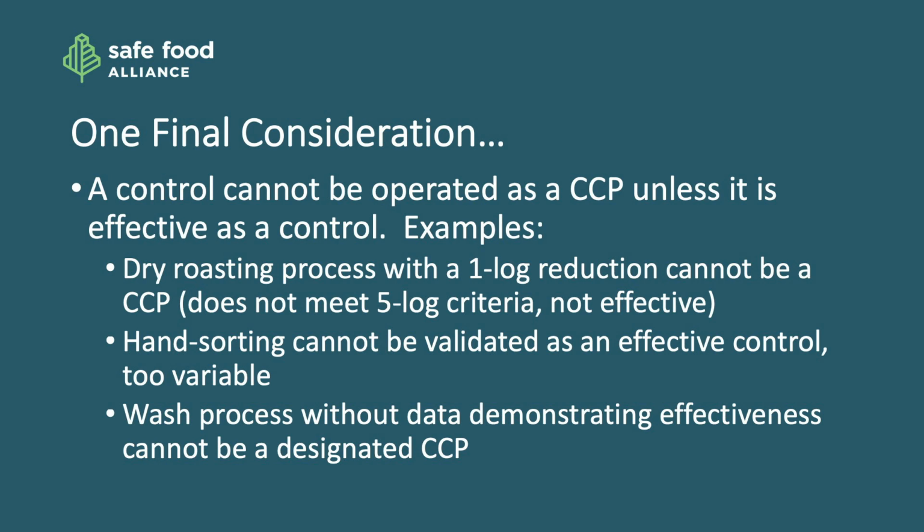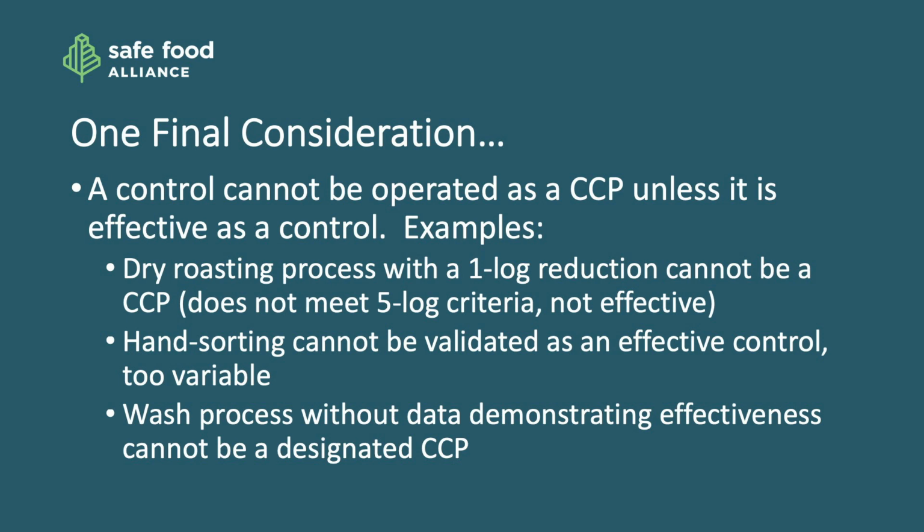For example, if we're talking about dry roasting of almonds, a process with only a 1 log reduction cannot be a CCP because it does not meet the regulatory requirement. In the case of juice, it would require a 5 log reduction to be considered pasteurization. Anything less would say that it's not effective in reducing the count of those pathogenic organisms to a safe level.